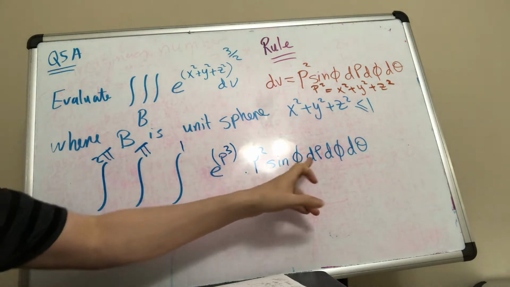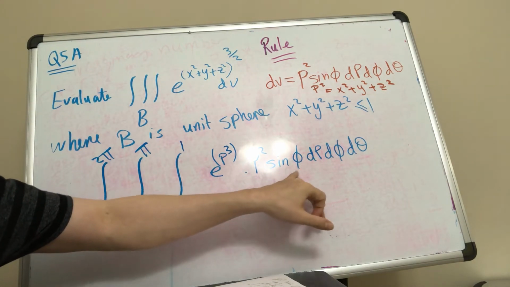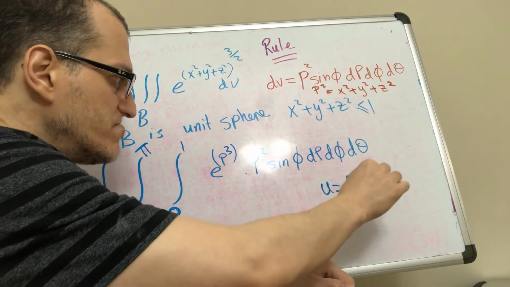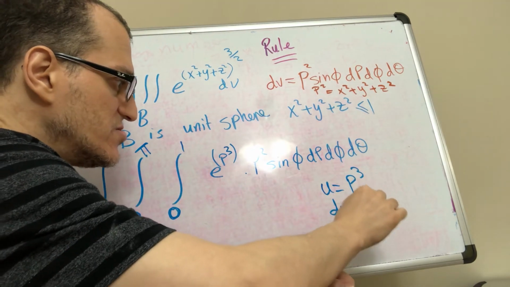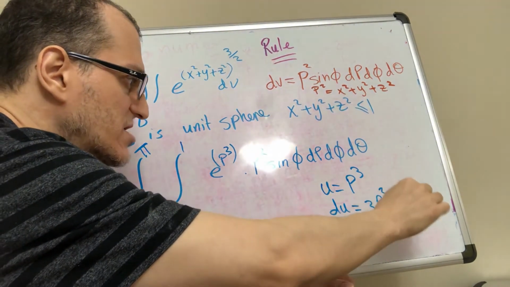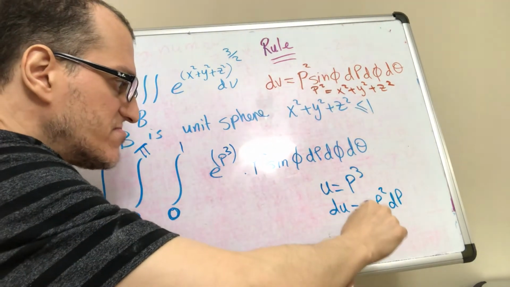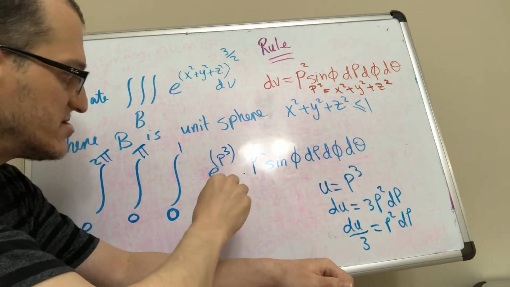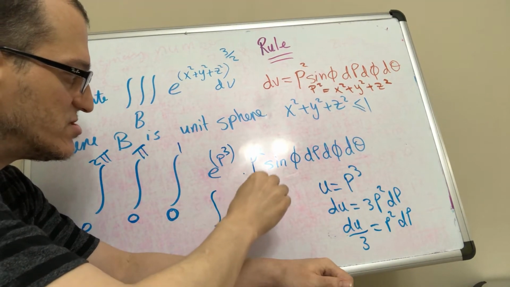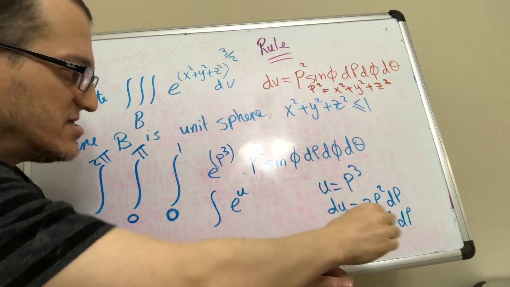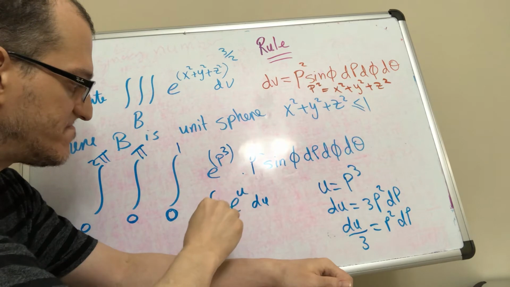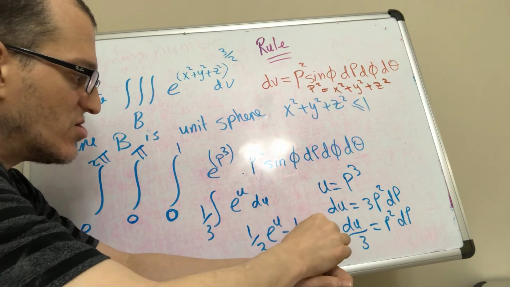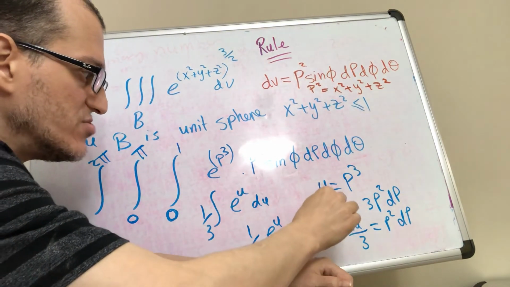Since we're integrating dp, sine angle 1 is constant, so I'm going to use u sub. U being p cubed, du would be 3p squared dp. Get rid of the number, du over 3. So I'm integrating e to the u, and p squared dp is du over 3. So the answer is 1/3 e to the p cubed.